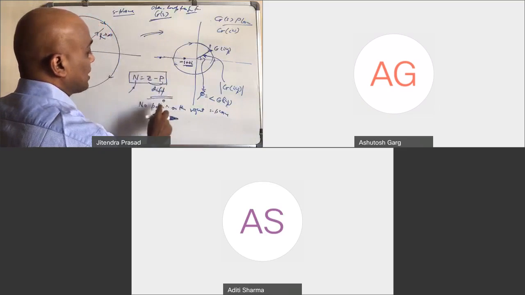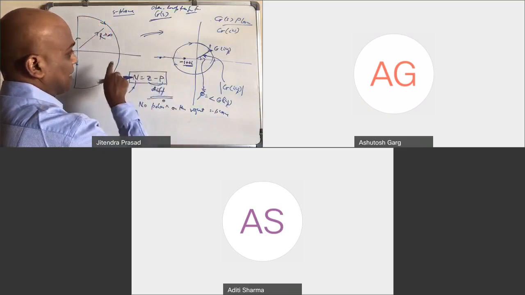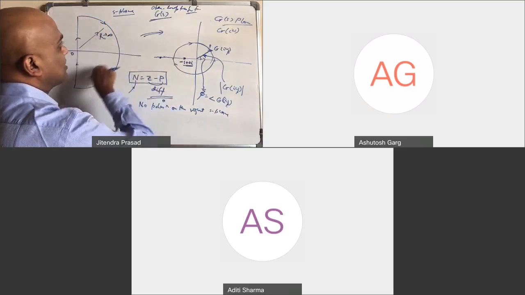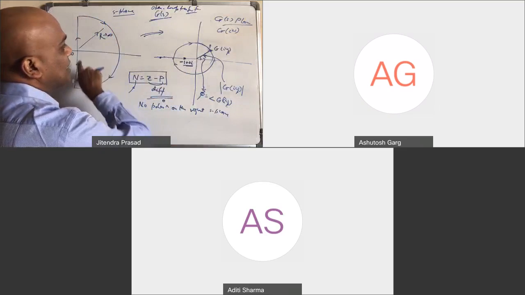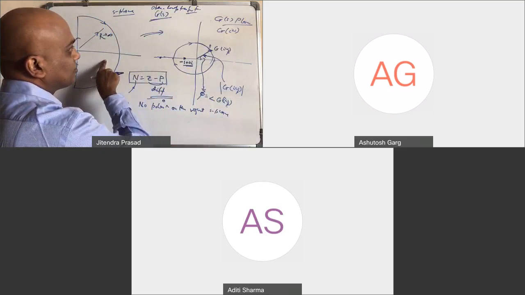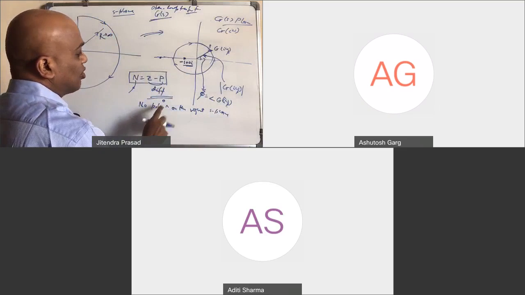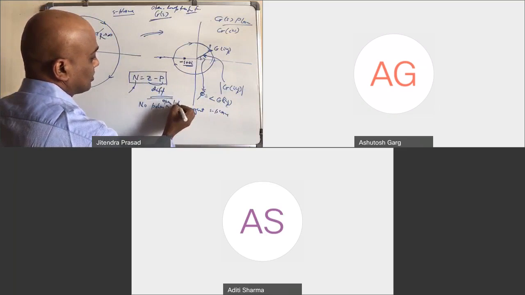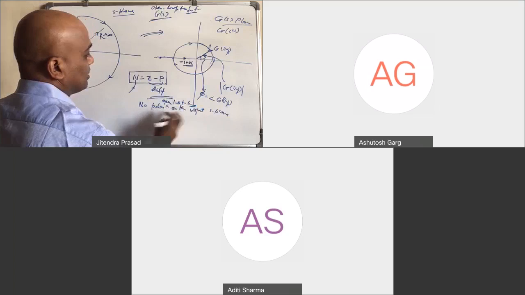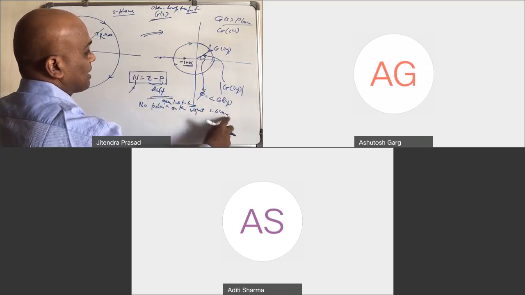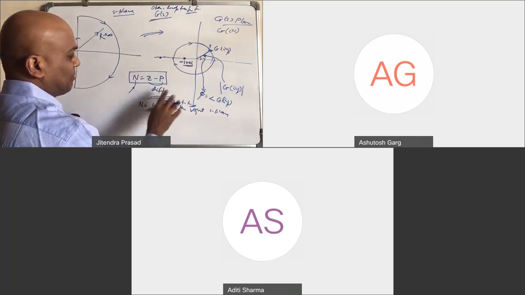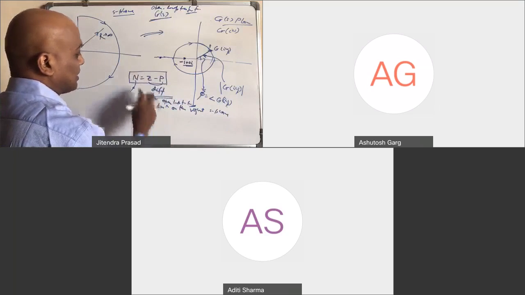Since we are talking about the open loop transfer function, this means no poles of the open loop transfer function on the right S plane.